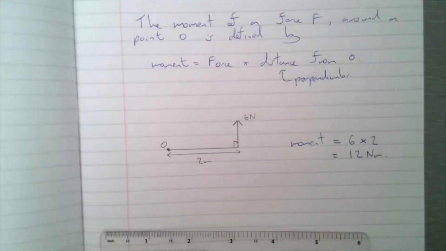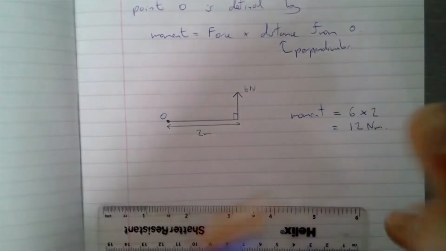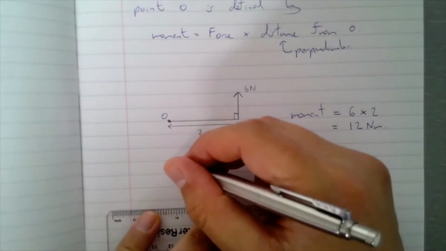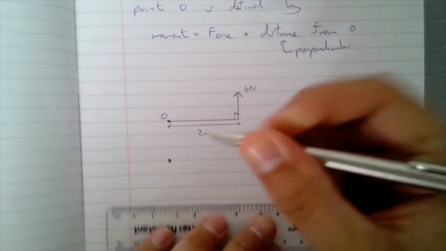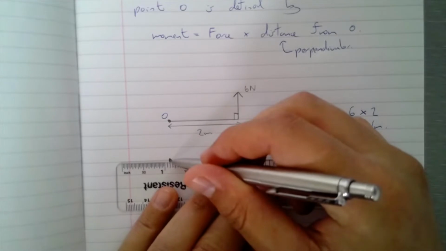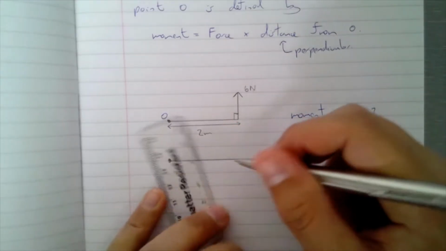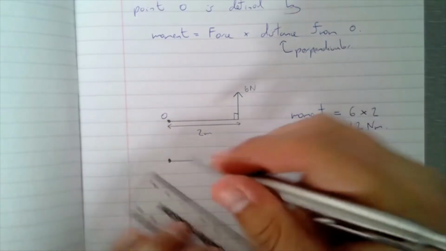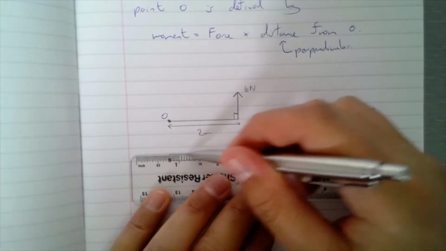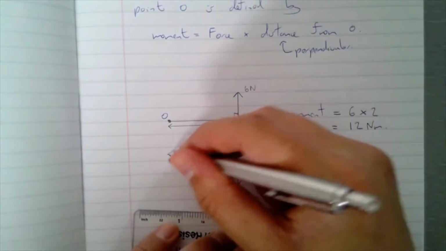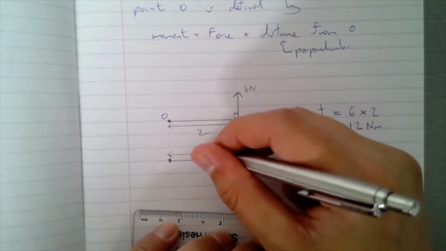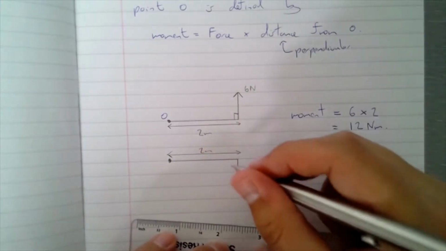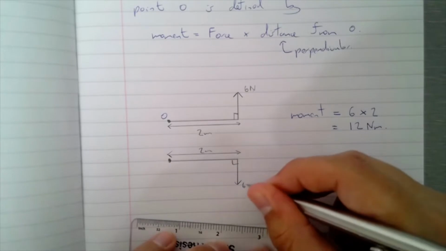Okay, how about if I did something ever so slightly different? So if I did this instead, this is the same length, 2 meters. That's a right angle, and this is 6 newtons.